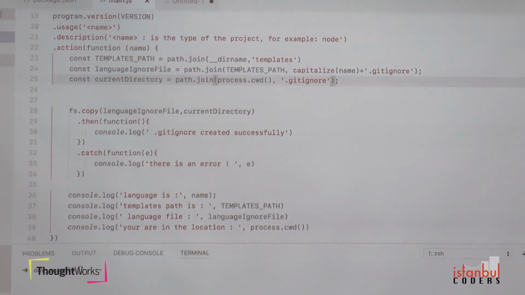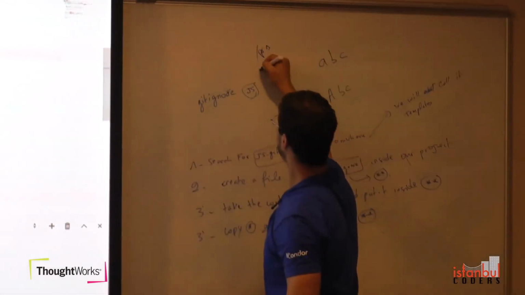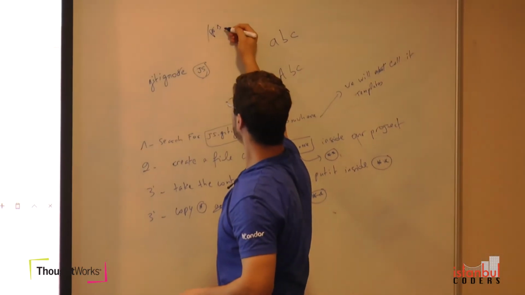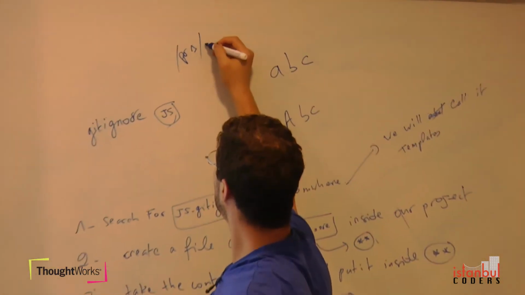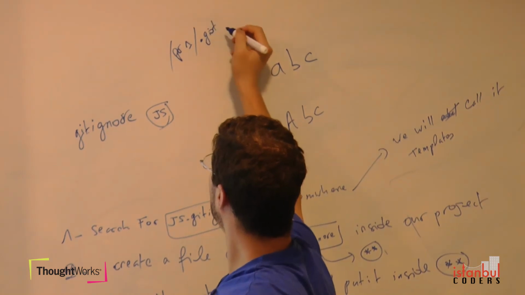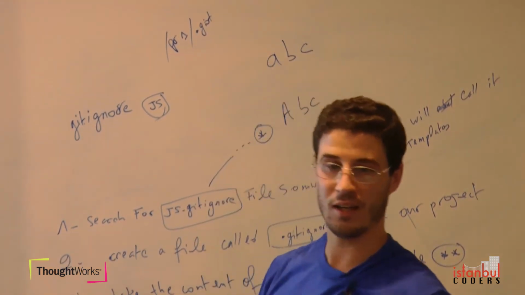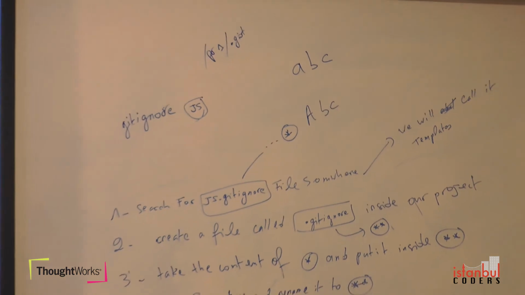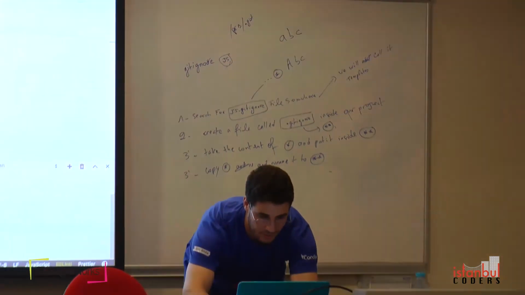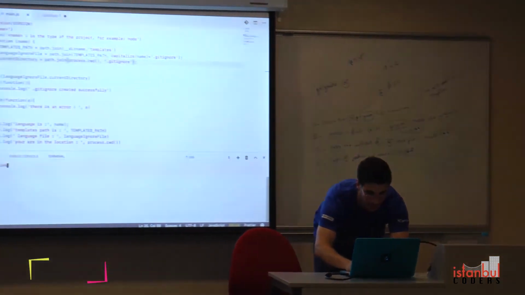because if I am in this project, for example project PR1, I need to create, inside PR1, gitignore. If I show the example now, if I show it again, npm link.